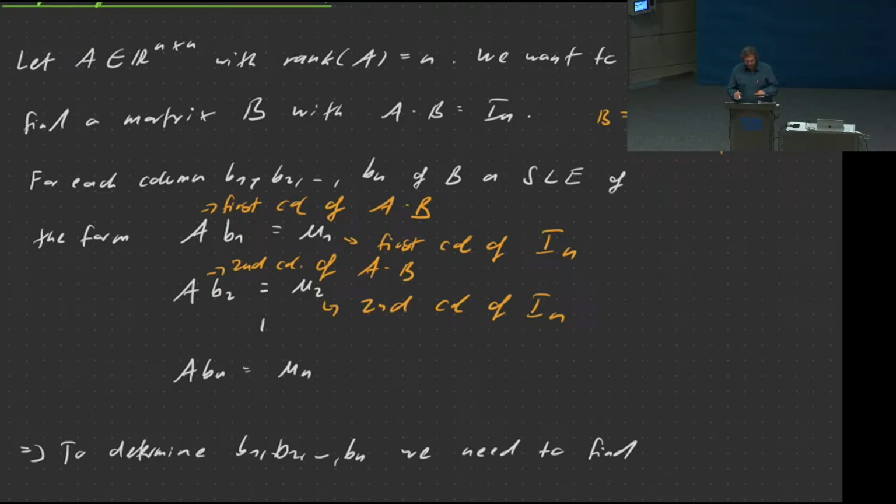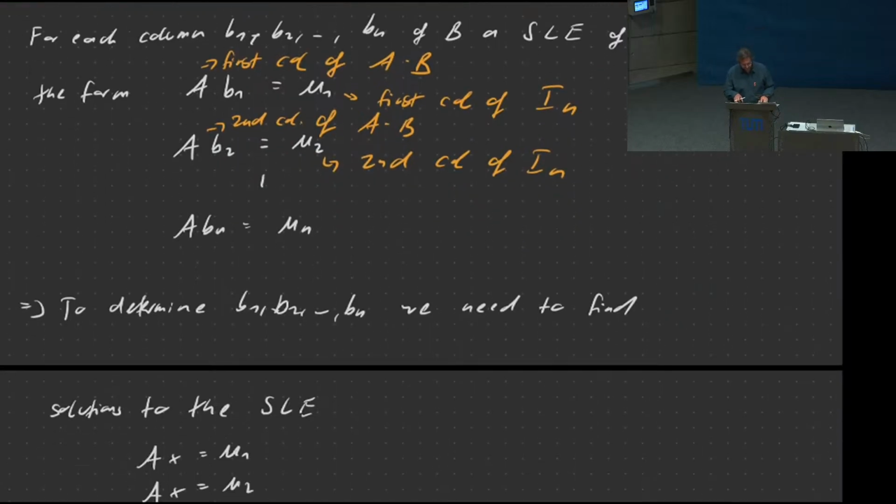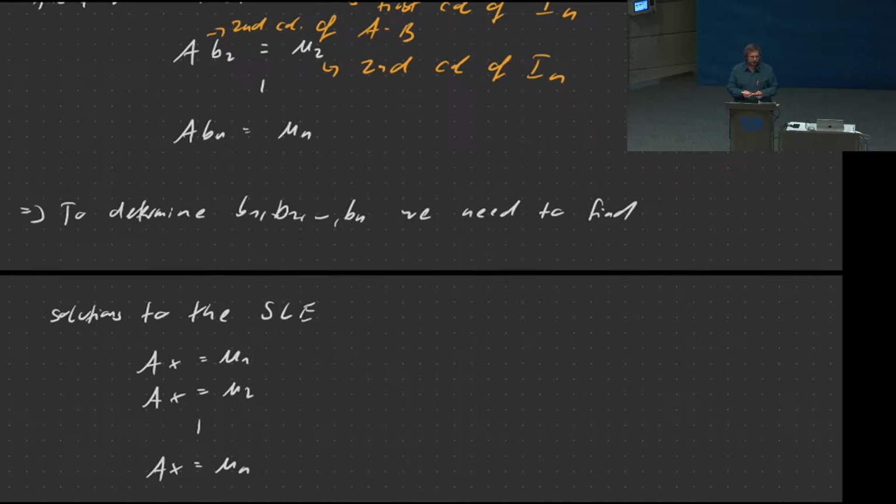It becomes even easier by the fact that the left-hand side, so the coefficients here, is always the same. We always have the same A. It's just the right-hand side, this u1, u2, and so on, that changes, right? So in particular, that means the manipulations that we do are governed by the left-hand side, right? So we always do the same thing on the left-hand side. Just the effect on the right-hand side will be different because the starting point is different.